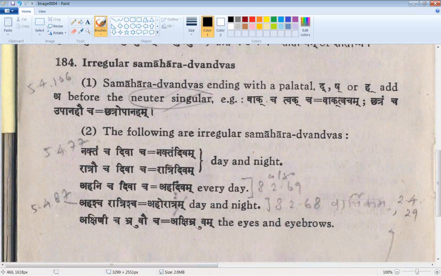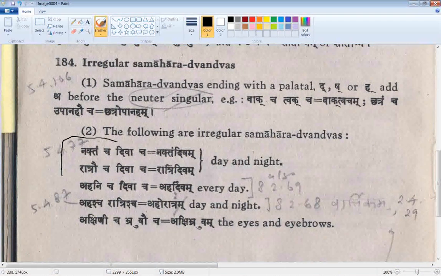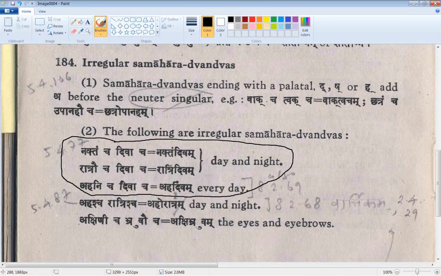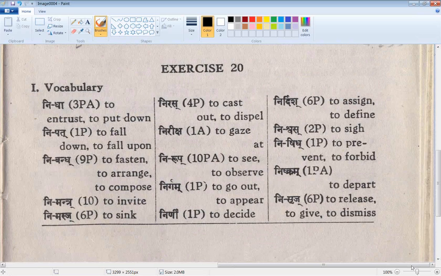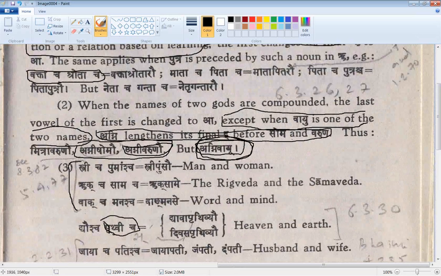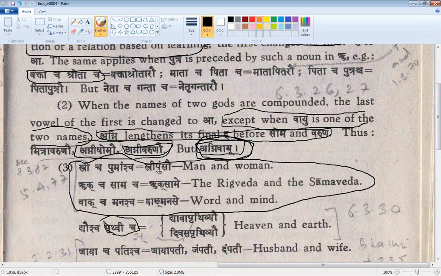These are also from 5477, but there we are talking about Samahara, so I didn't take them over here. But now he's taking the same Sutram 5477, but taking the first four compounds, three of which he's giving in the book. They are Itaritara Yogaha: Stri cha Pumascha Stri Pumsau, Rukcha Samacha Ruksame, and Vakcha Manascha Vang Manase.